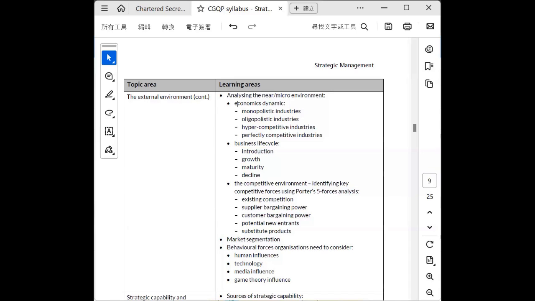So probably you know what's meant by monopolistic: there are many sellers offering differentiated products. Branding also plays a very key role in monopolistic competitions. Oligopolistic means a few dominant firms controlling the market, and the barrier of entry is very high.